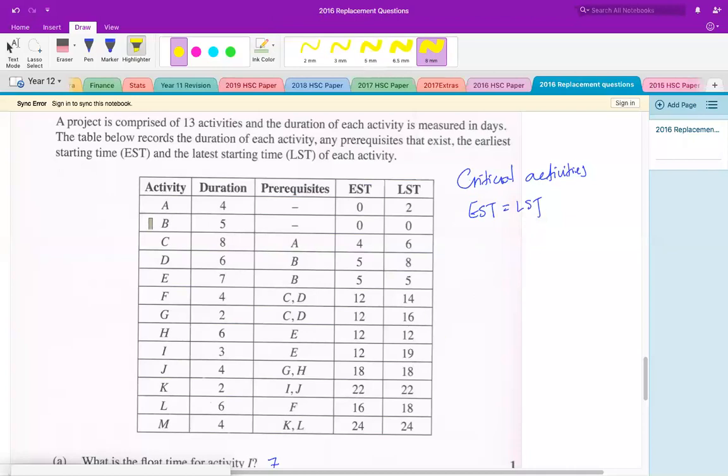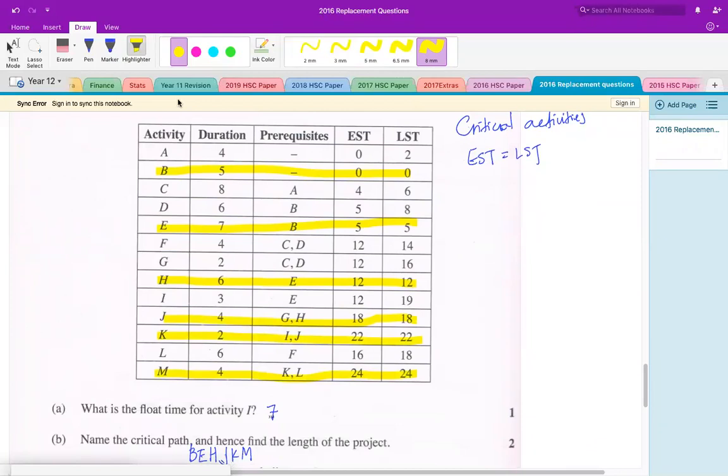We have EST, so B is critical, 5.5 E is critical, 12.12, 18.18, 22.22, and 24.24. So these are the critical events.